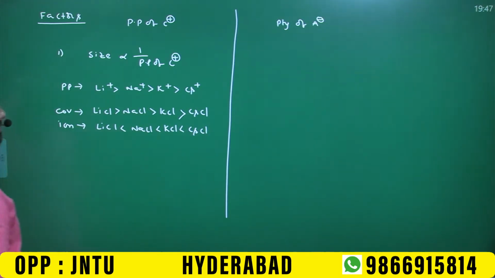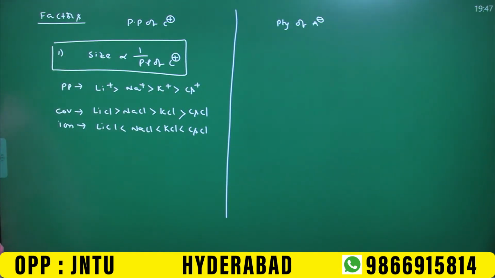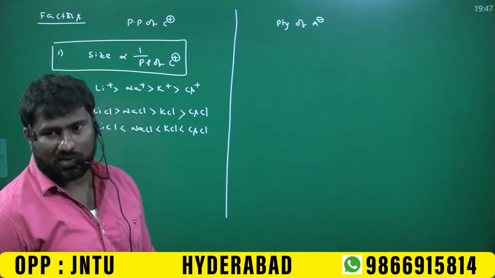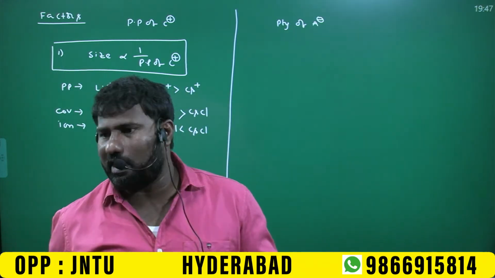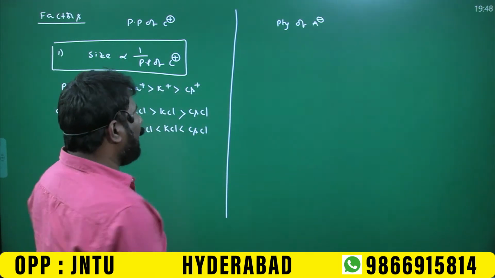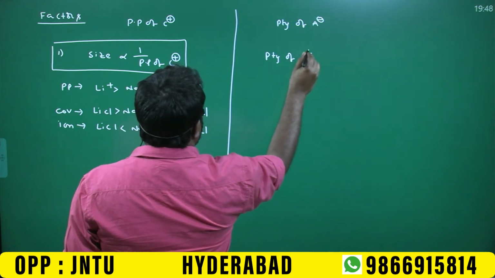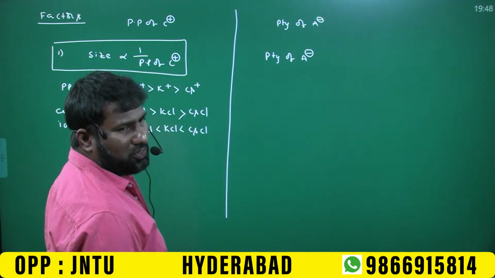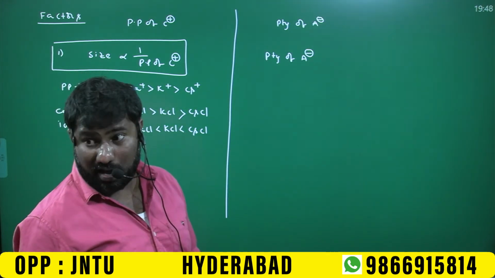This is the first one, polarizing power. Coming to the anions, as the size increases, nuclear charge decreases, so it easily loses electrons. Is polarizability of anion directly or inversely proportional to size? Directly, because I minus has a large size.